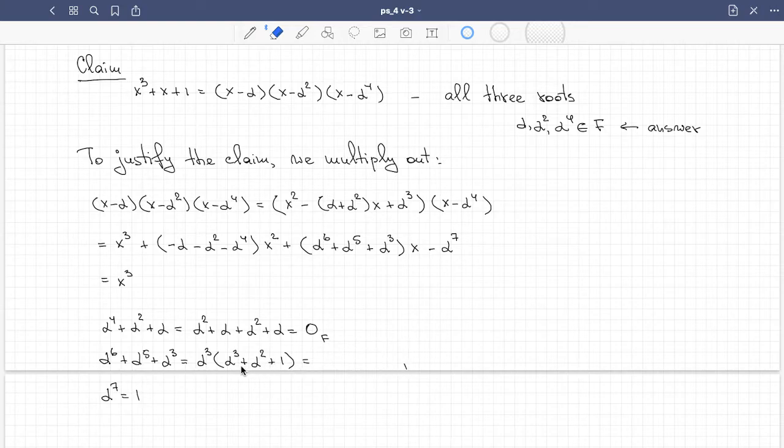Sorry. Alpha cubed plus alpha squared plus 1 is not 0. This is a polynomial x cubed plus x, not x squared plus 1. So if I want to proceed, I have to write it as alpha cube. All right, let us do it this way.